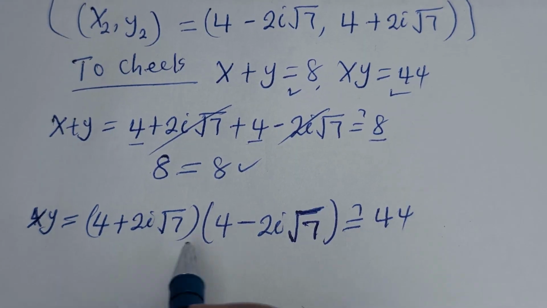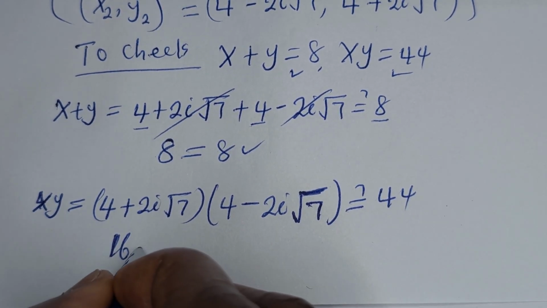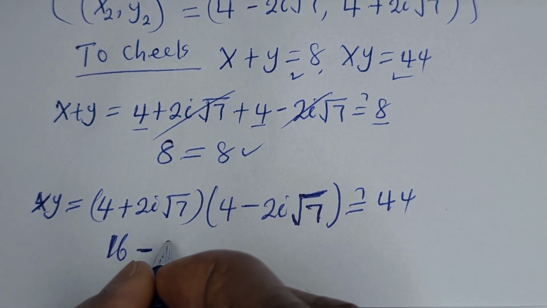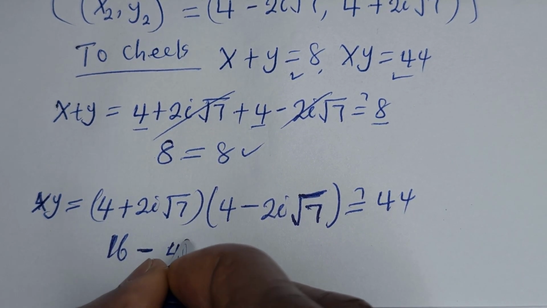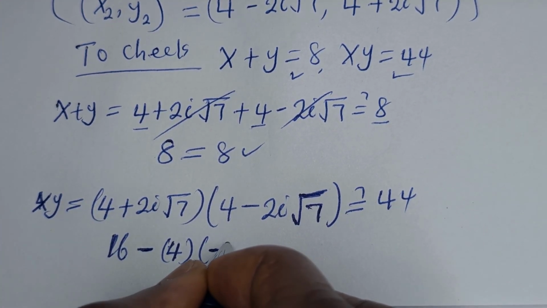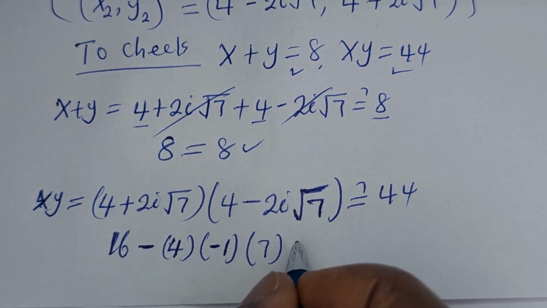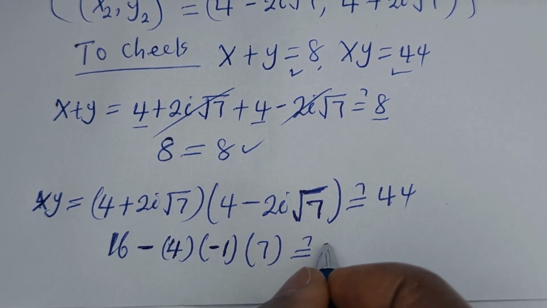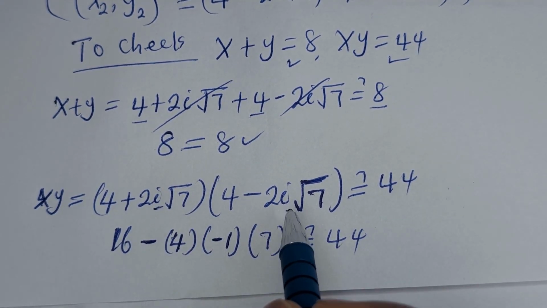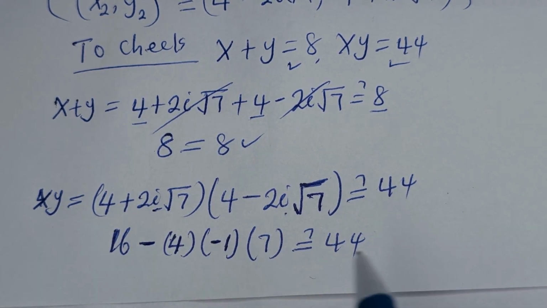Then if you multiply this very well, we are going to have 16 minus 4 multiplied by minus 1 multiplied by 7 must be equal to 44, because here we are going to have i times i, that is i square, and the i square is equal to minus 1.